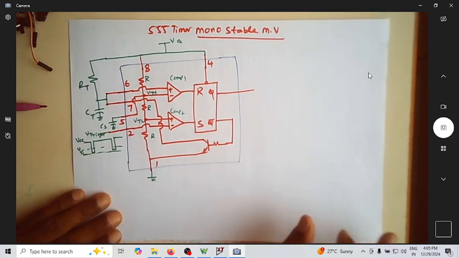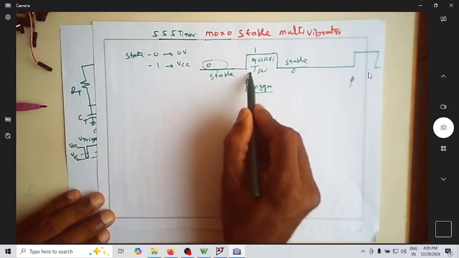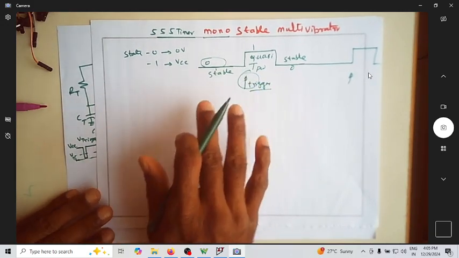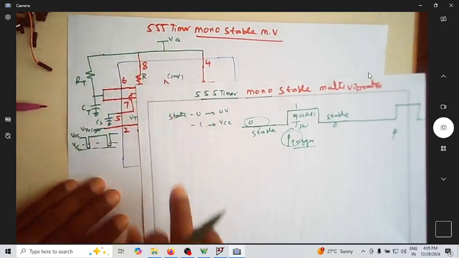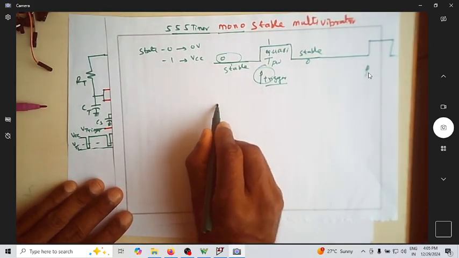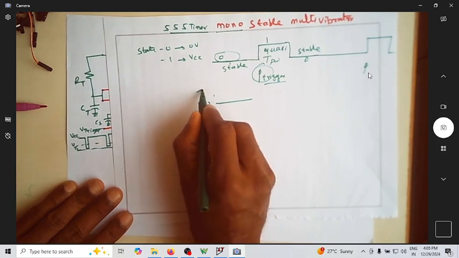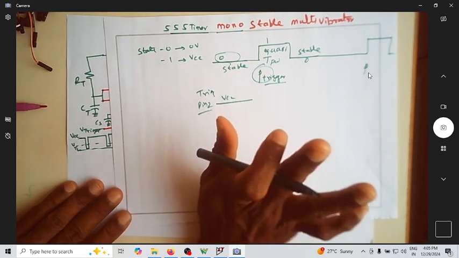As I said in the previous explanation, we are supposed to give a trigger signal. What type of trigger signal are you applying for this implementation of the 555 timer? If pin number 2, which is the trigger, is at VCC, it won't trigger.